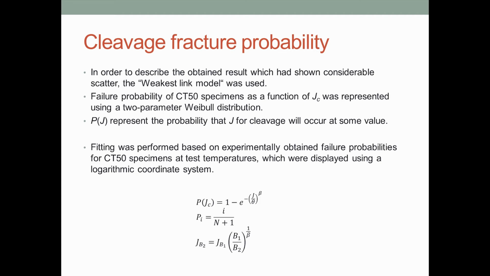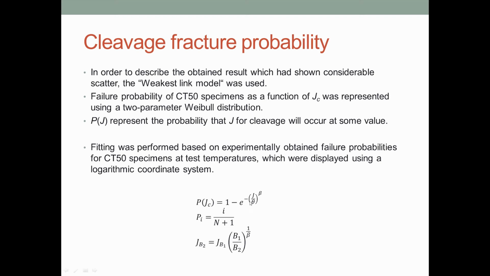The parameters of the fitted Weibull distribution are calculated analytically via a least square method using regression analysis in the form given here, and the scale parameter of the Weibull distribution is expressed as the J value when P in brackets J is equal to 0.632.